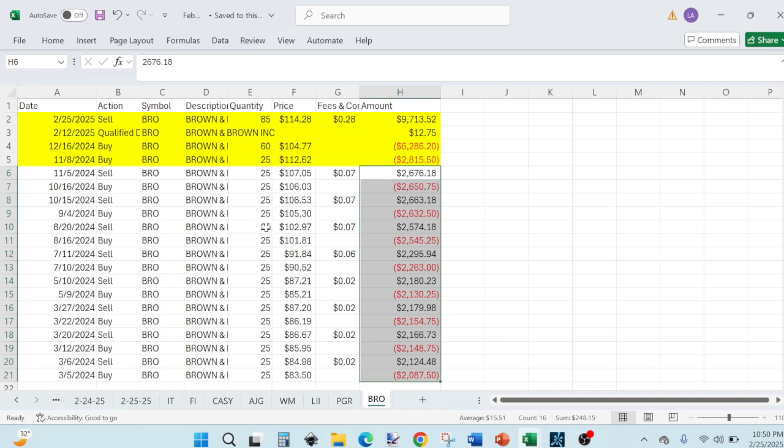So we are doing 25, but when we decided to go with the long option swing trading strategy, we increased the number of shares to purchase. Therefore, instead of 25, we purchased 60.